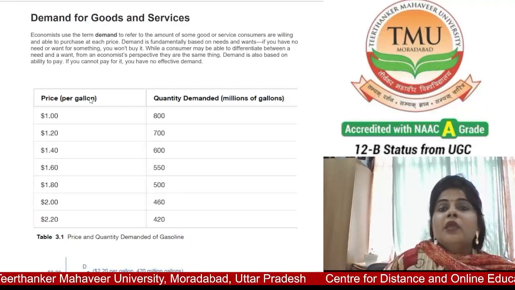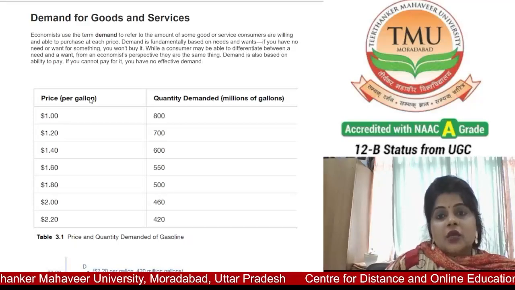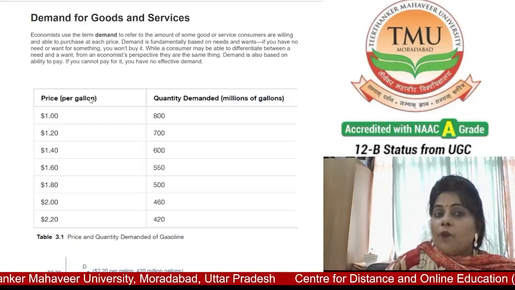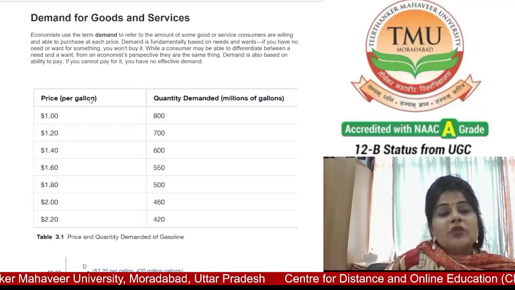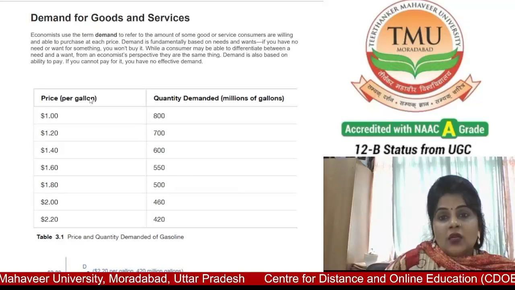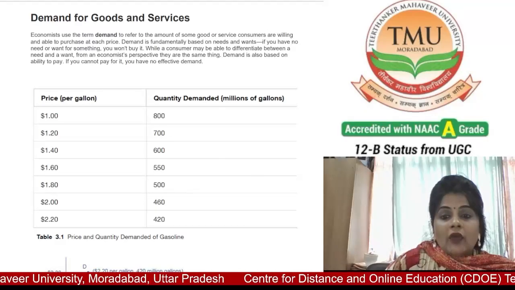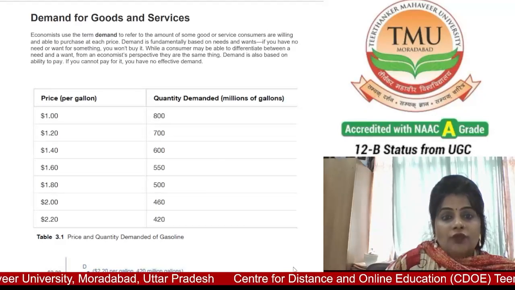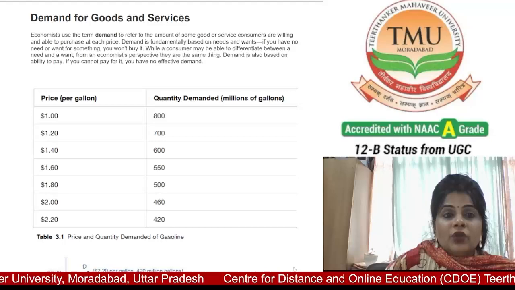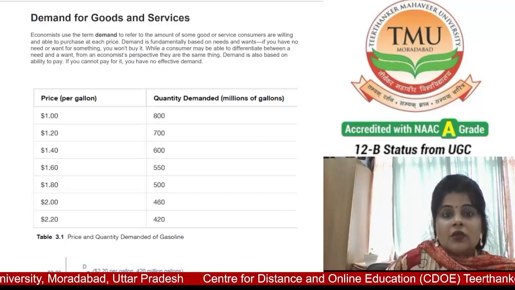While a consumer may be able to differentiate between a need and a want, from an economics perspective they are the same thing. Demand is also based on the ability to pay. If you can't pay for it, you have no effective demand.